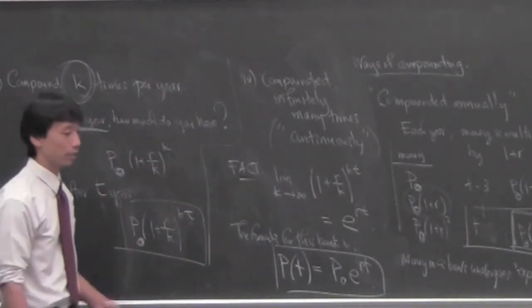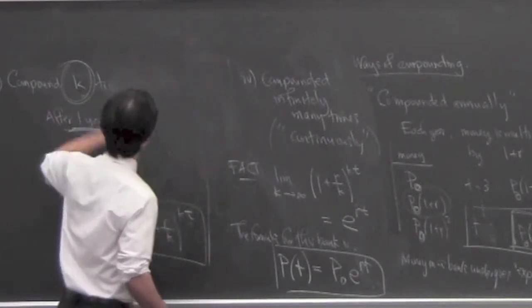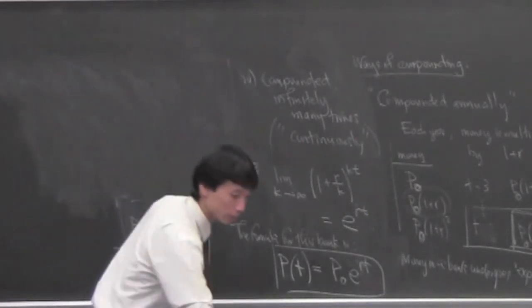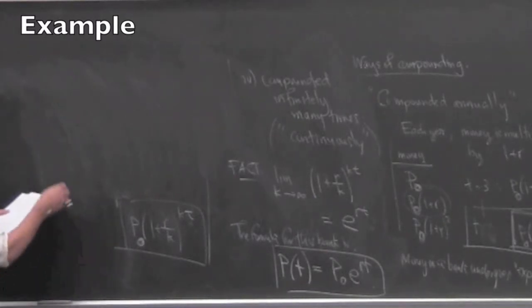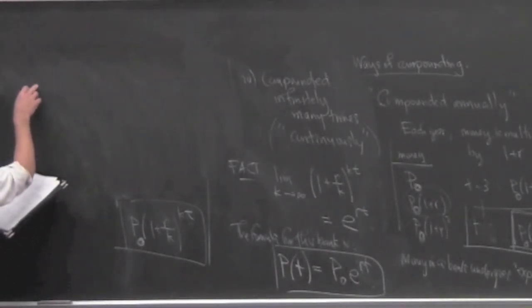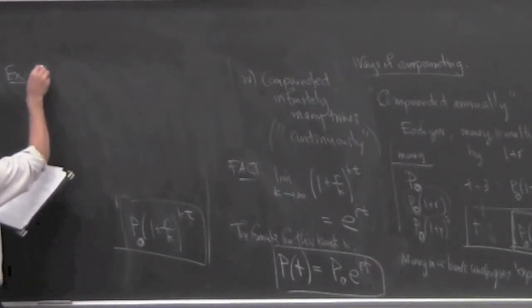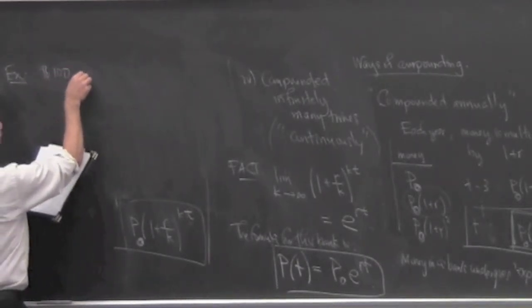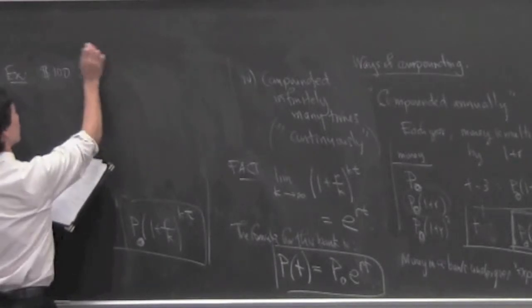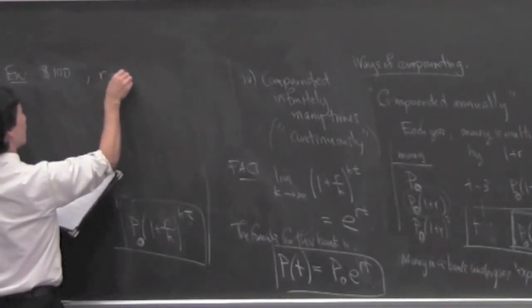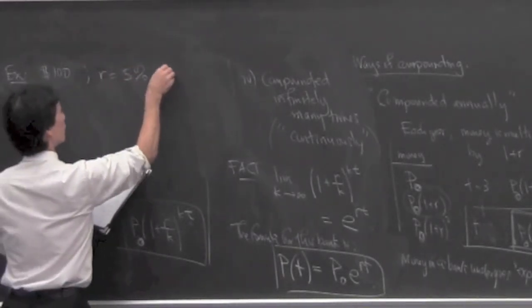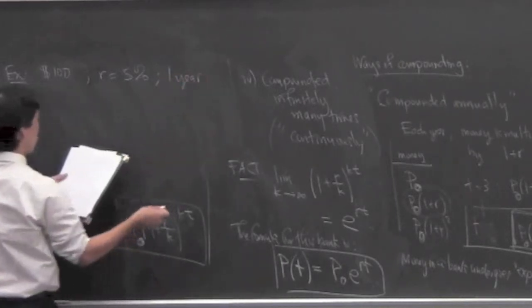Let me give you some numbers to make this more concrete. Here's an example of $100 at a rate r of 5% and 1 year of time.